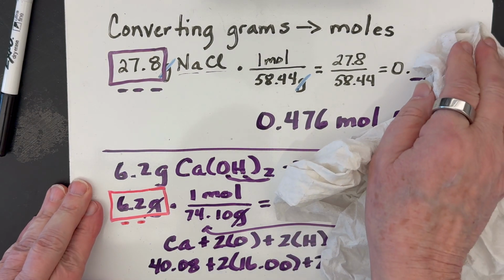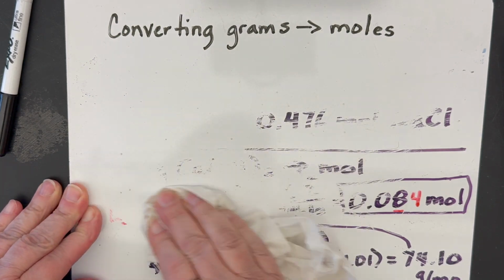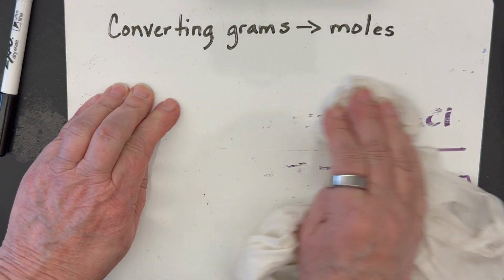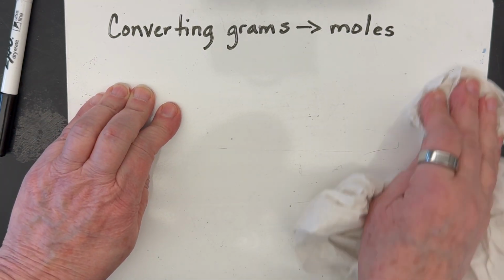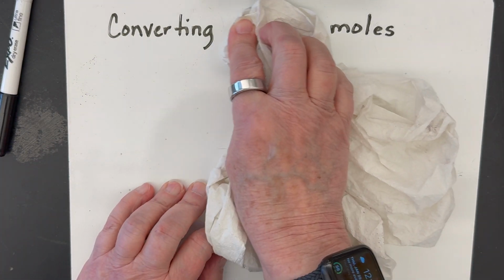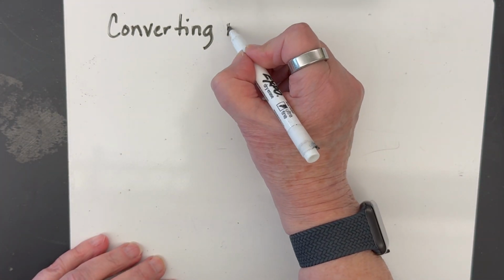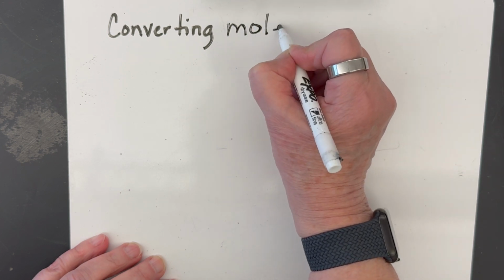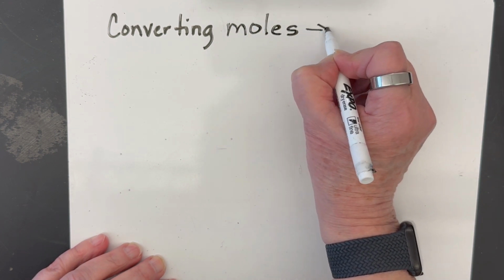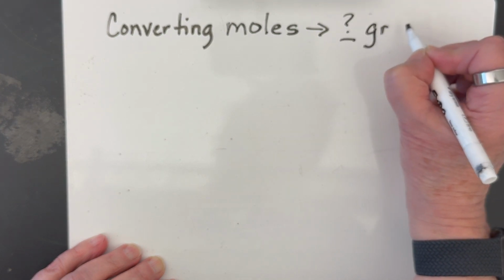The next thing we're going to look at is how do you convert moles back to grams? Because often you are asked for grams, and so at the end of the problem you're going to have to go back to grams. So this time we're given moles, or we've calculated moles of something, and we want to convert that into grams.